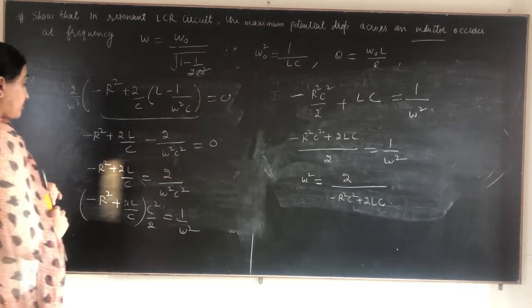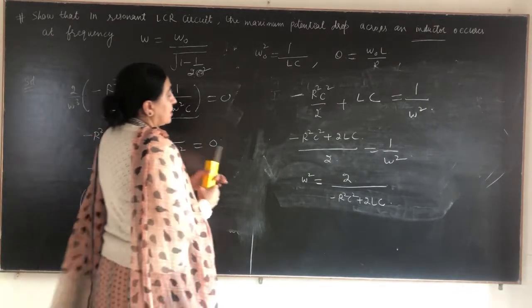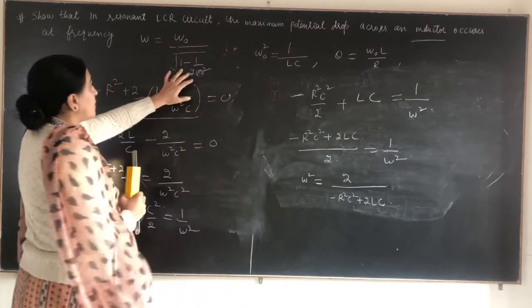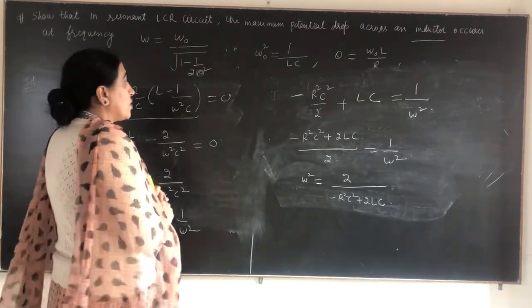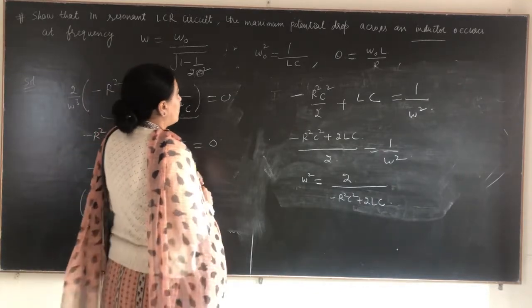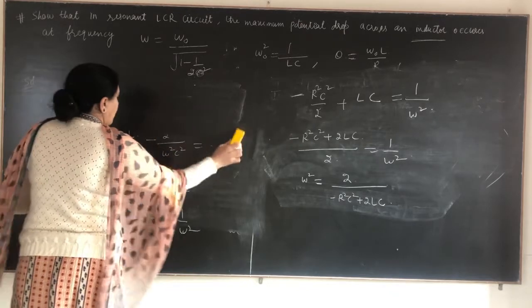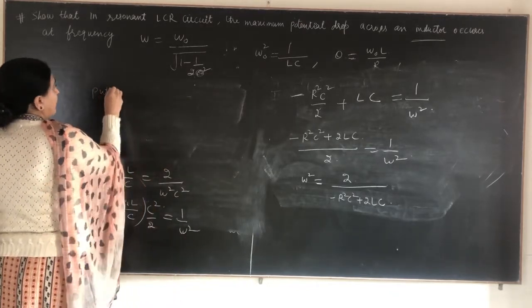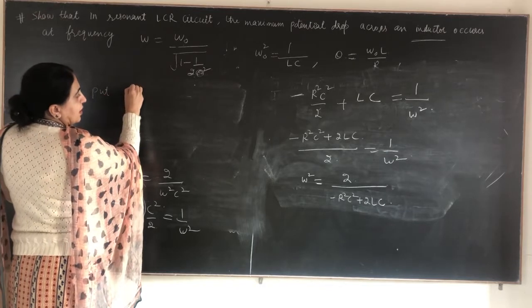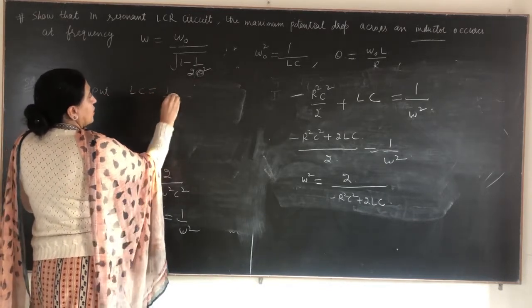Now what we want is the value of omega in terms of Q and omega naught. So for this, put LC is equal to 1 over omega naught square.